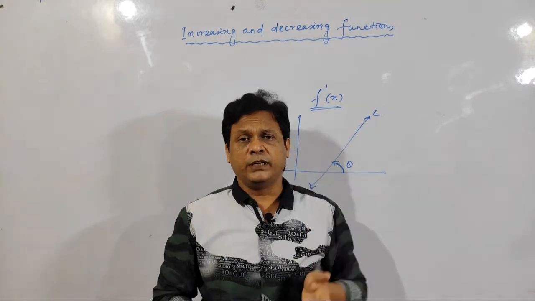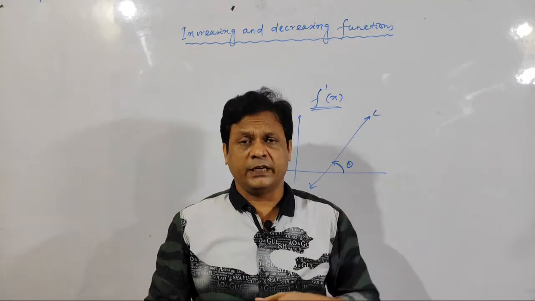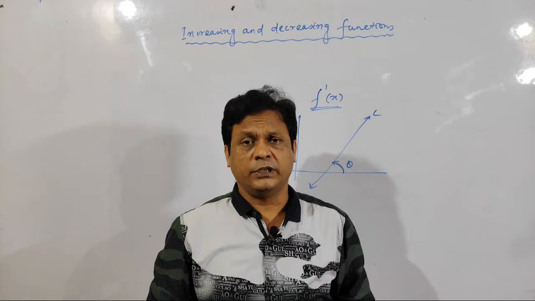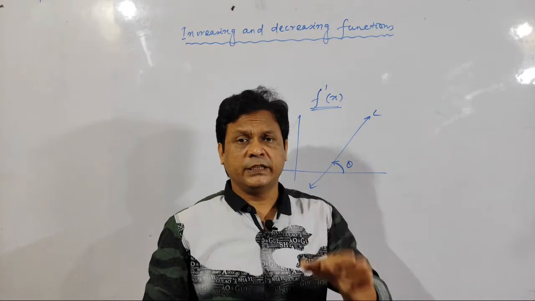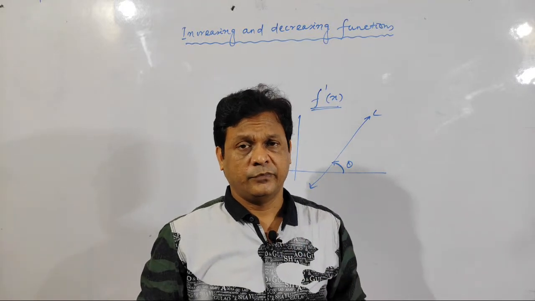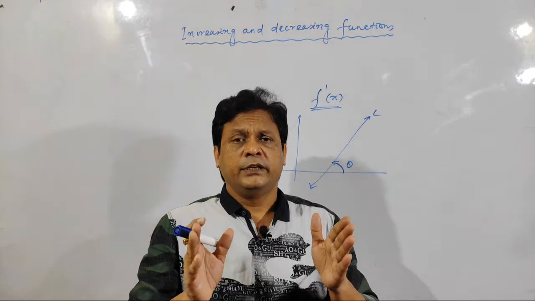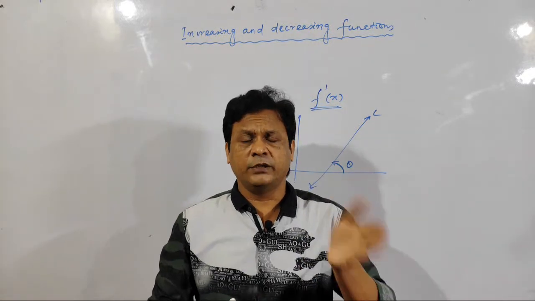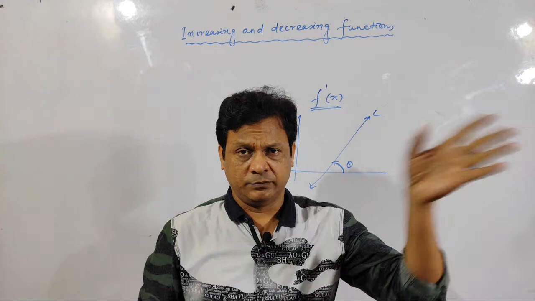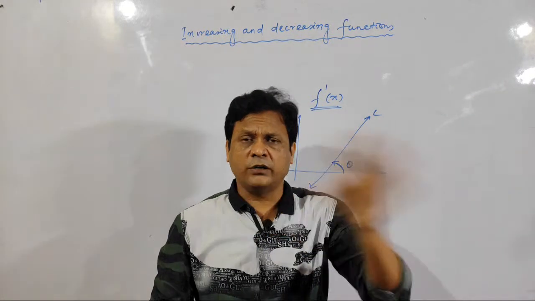So if you want to do BSc or BTech after plus 2, that means after class 12th, you should be thorough on increasing, decreasing and maxima minima. Actually, in day-to-day life, it is very, very important. Without maxima minima, without increasing, there is nothing in the world.